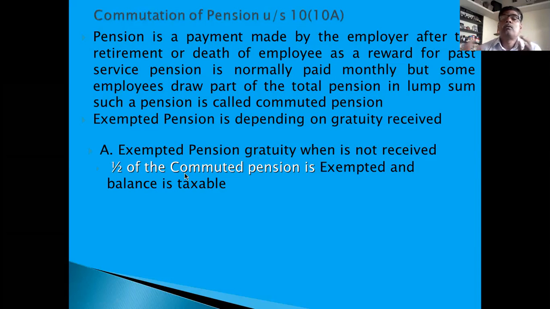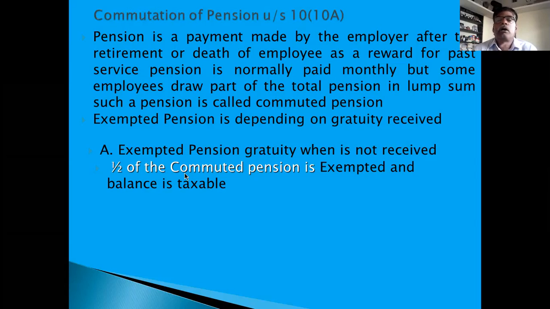Out of the total pension received, you deduct half of the commuted value, not the received value. Remember this point, here you make a mistake. Out of the total pension of that person, you have to deduct half of the commuted pension.